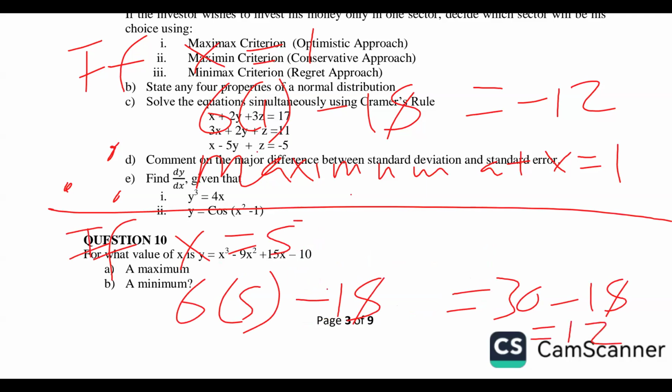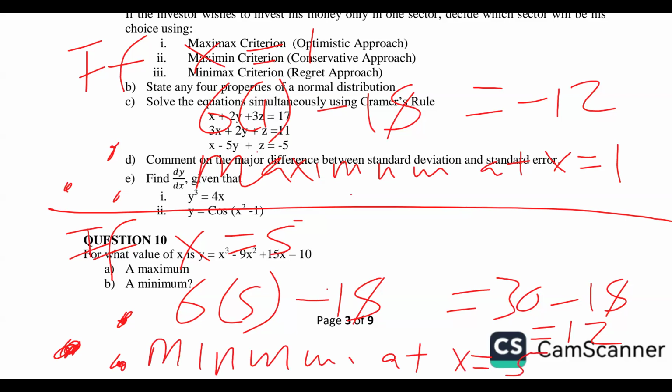If you have a positive value when you evaluate the second derivative, then the function gives you a minimum. So you can say therefore that the function is minimum at x equal to 5.